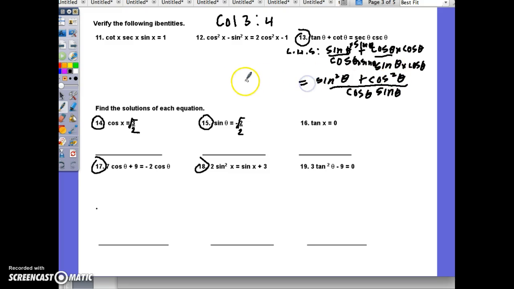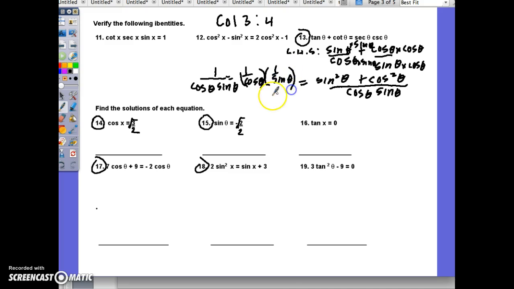This is going to be equal to, I'm going to go over here, 1 over cosine theta sine theta, which is equal to 1 over cosine theta. It's one factor. And the other would be 1 over sine theta.